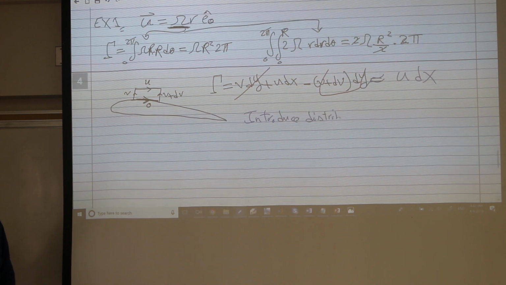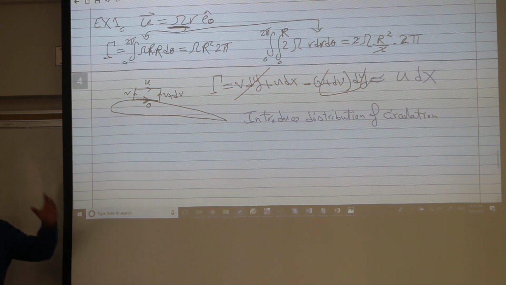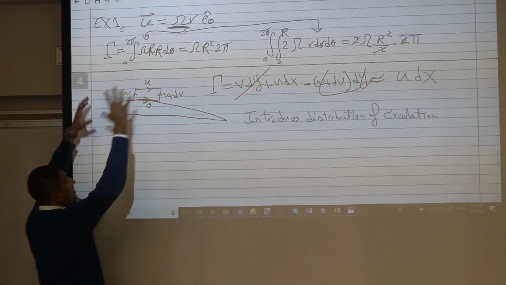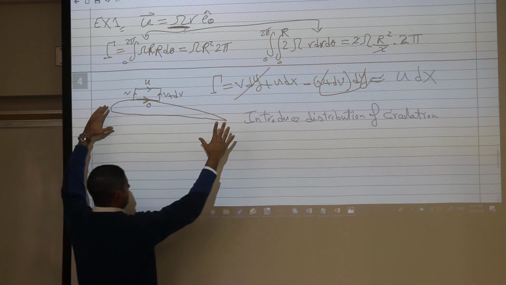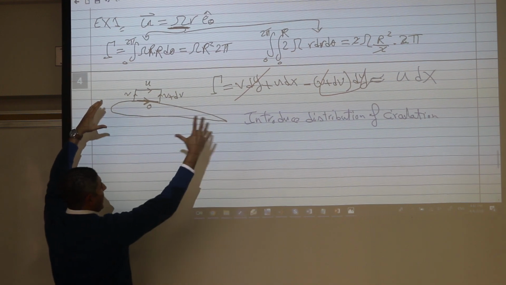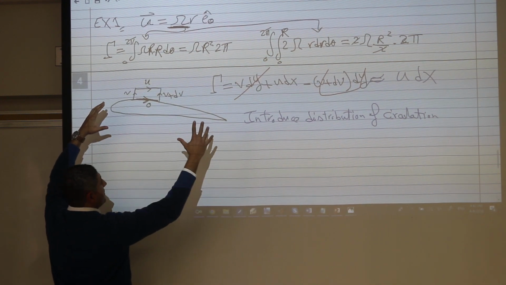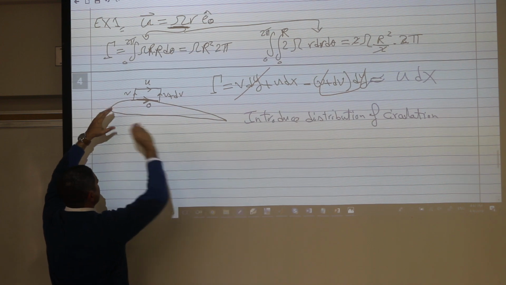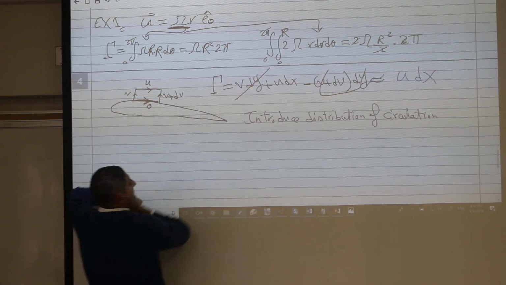So if I introduce a distribution of your circulation, what's the circulation? The circulation is a global measure of rotationality. So the flow here in this region, enclosed by this contour, has this much rotationality. I can opt to distribute this circulation, okay?